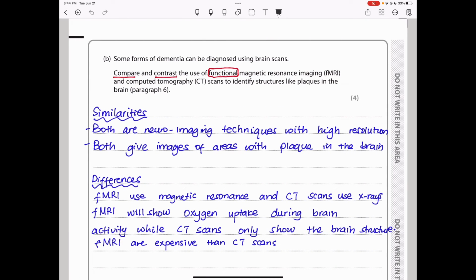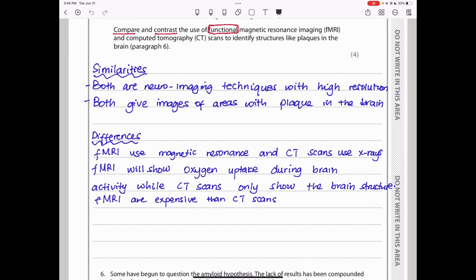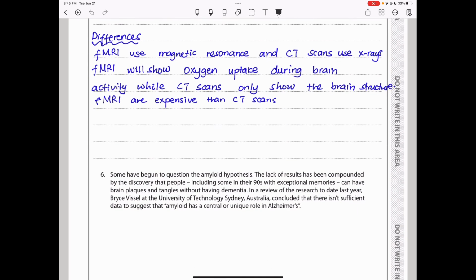The next question says, some forms of dementia can be diagnosed using brain scans. Compare and contrast the use of functional magnetic resonance imaging, fMRI, and computed tomography scans, which is CT scans, to identify structures like plaques in the brain. Paragraph 6. So I'm going to take you to paragraph 6. I brought it here. So it says, some have begun to question the amyloid hypothesis.